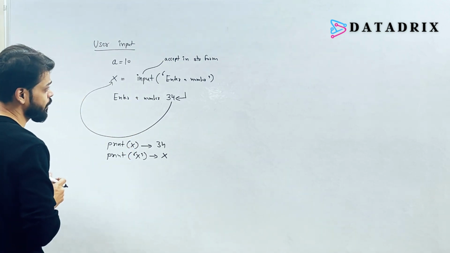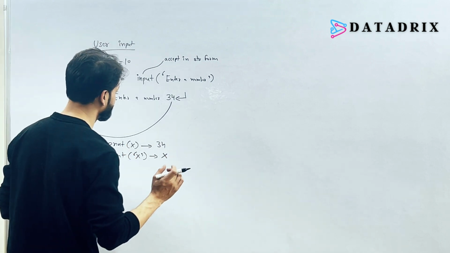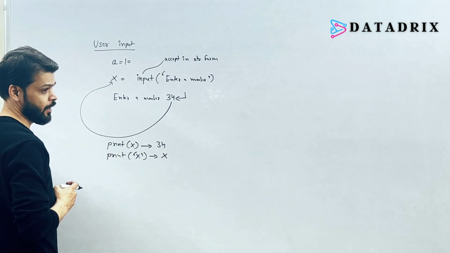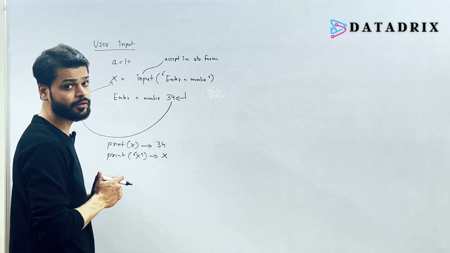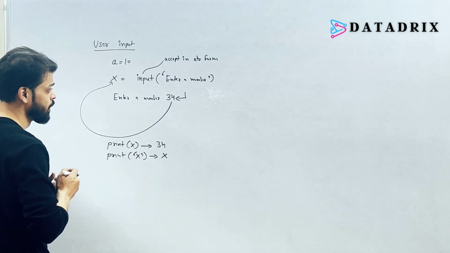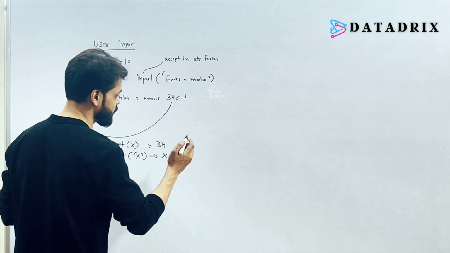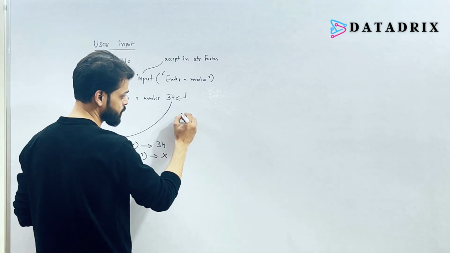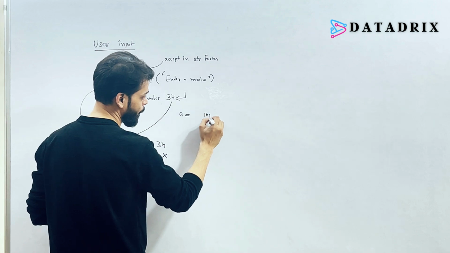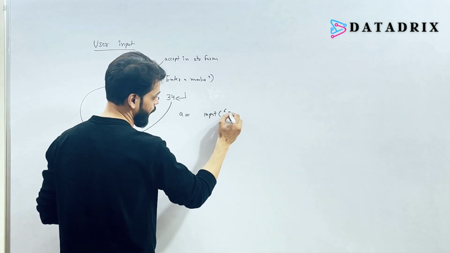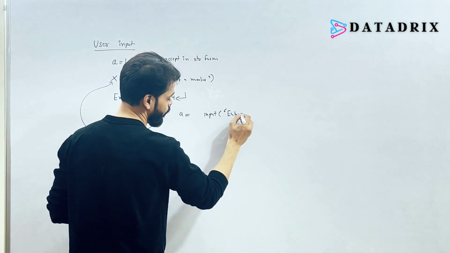Now, just after this, we'll understand one more thing. Suppose I want to take user input of two numbers and we have to display the sum of those two numbers. So how exactly will we do this? Suppose we take two variables, a equals input, enter first number.